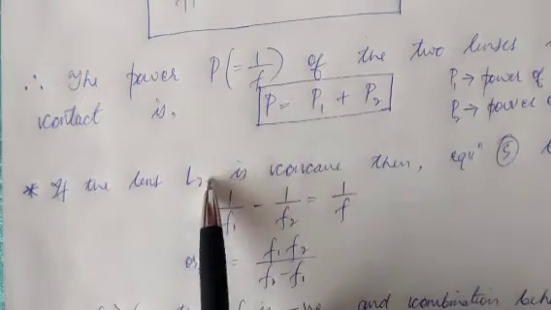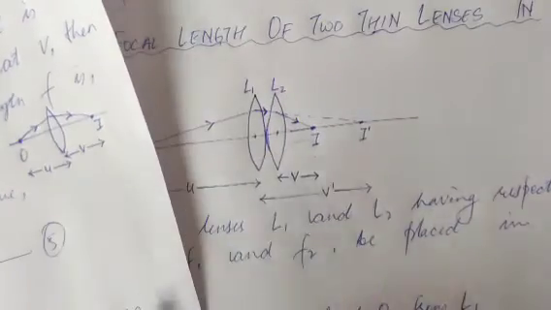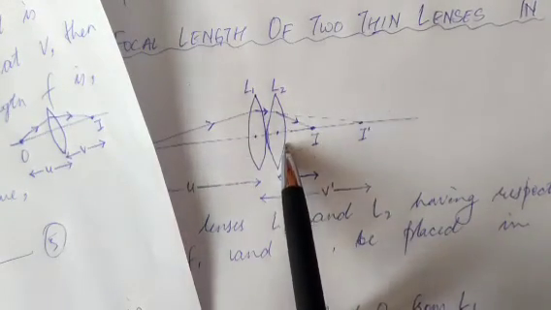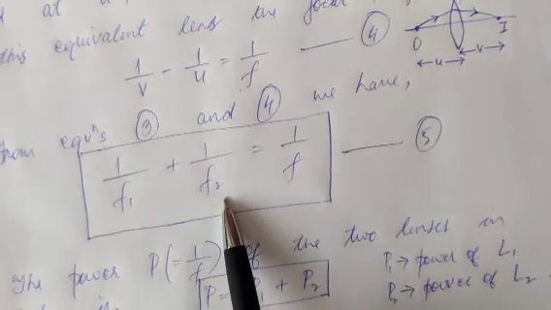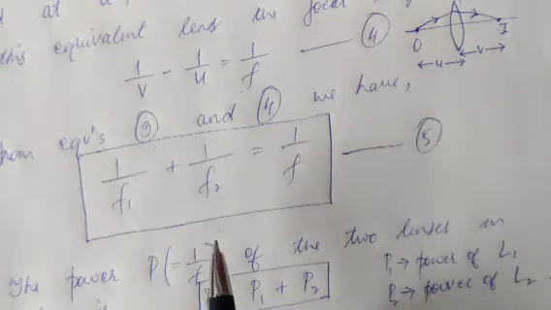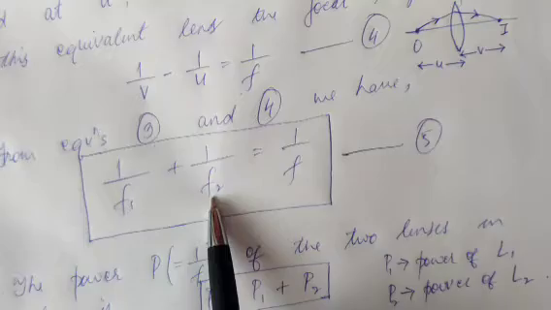Now, here we have shown the two lenses to be convex. If the second lens L2 was concave, then the focal length of the concave lens, F2, will be negative, because the focal length of a concave lens is negative. The focal point is on the left hand side of the optical center for a concave lens.